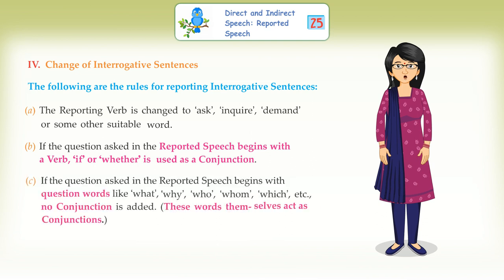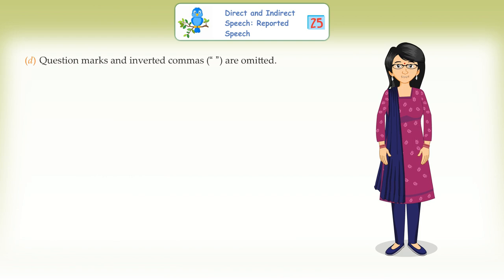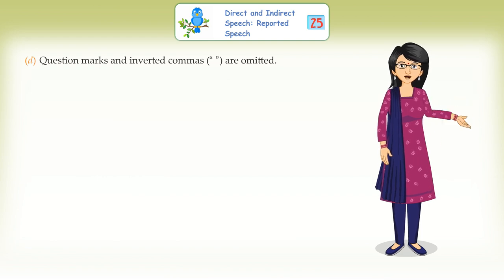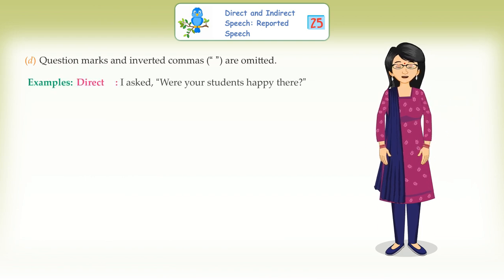If the question begins with question words like what, why, who, whom, which, etc., no conjunction is added. These words themselves act as conjunctions. Question marks and inverted commas are omitted.